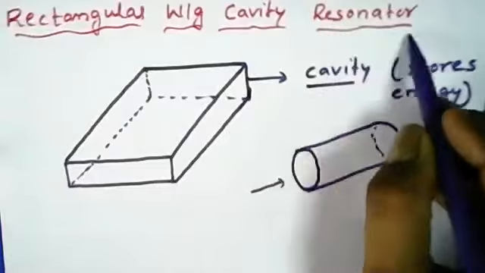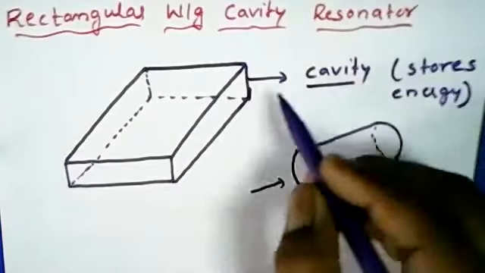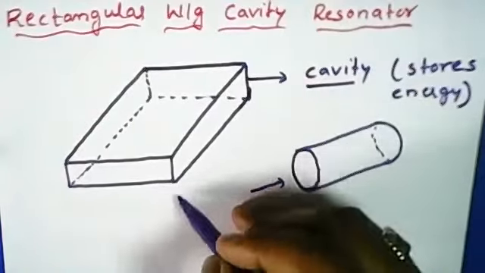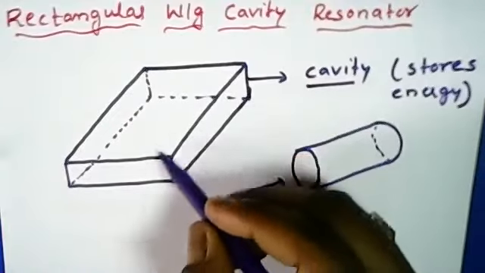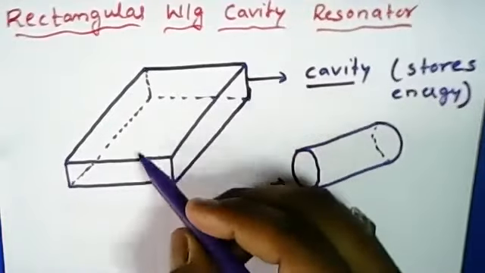And I'll explain why it is called a resonator, because there will be some resonance of the signal which is moving to and fro within this structure.